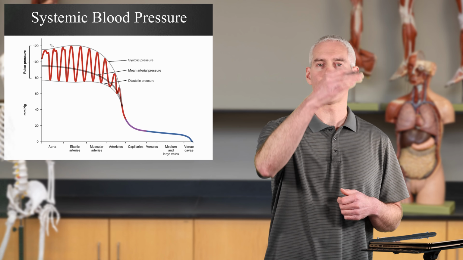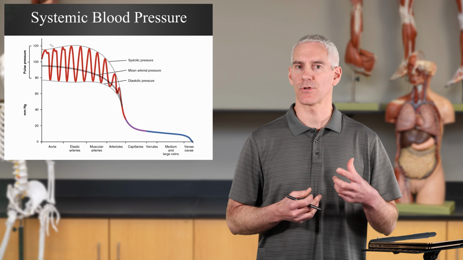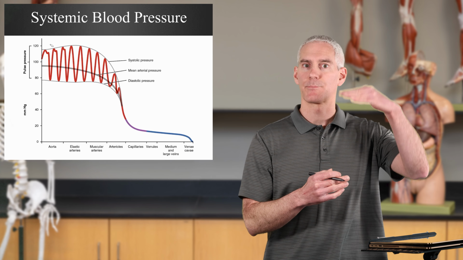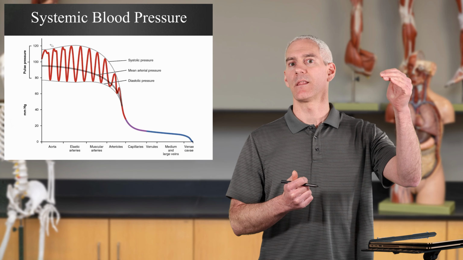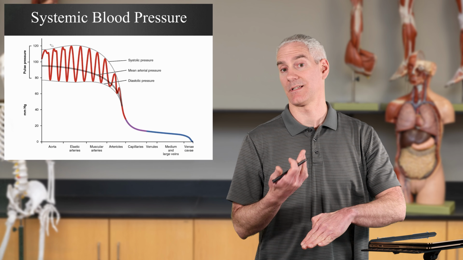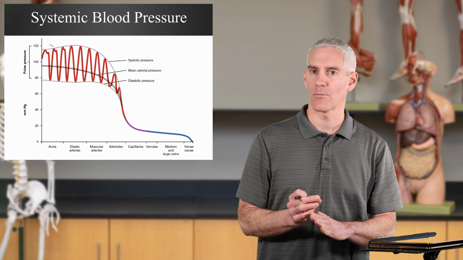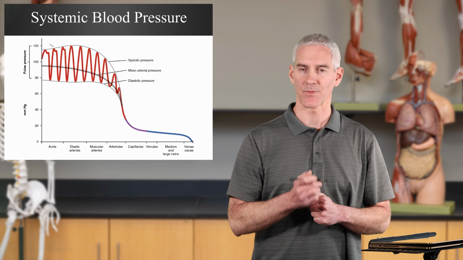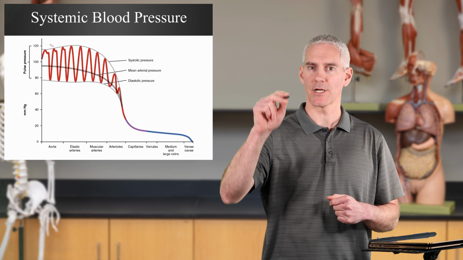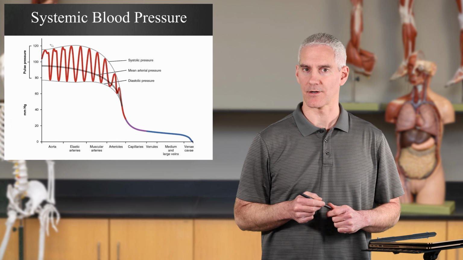It'll keep going up with every beat. Every time the ventricle contracts and pumps blood out, the pressure goes up to max. The pressure then will drop down to the min, diastolic, just before the next wave of pressure comes from the heart. So it's this constant pulsate pressure in the vessels closer to the heart.